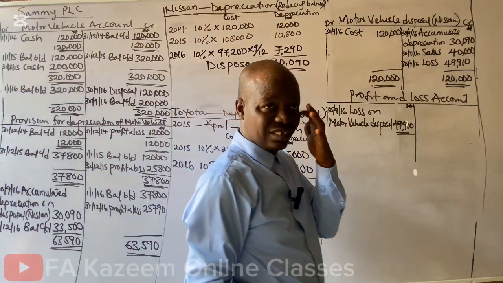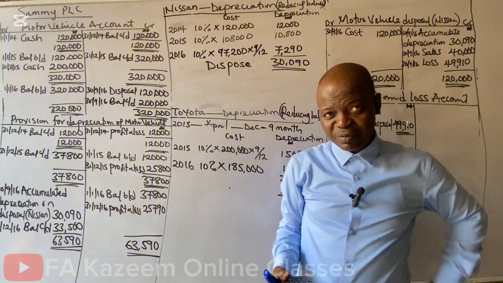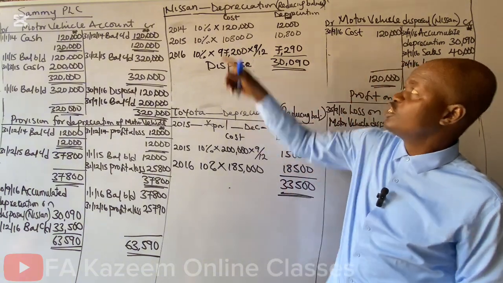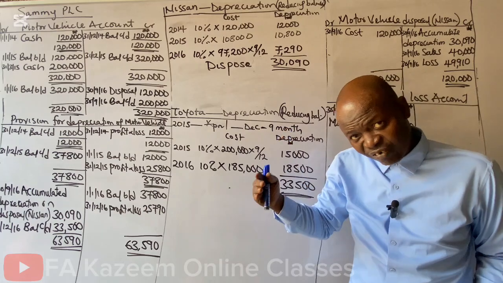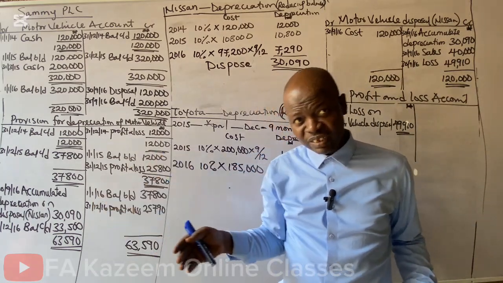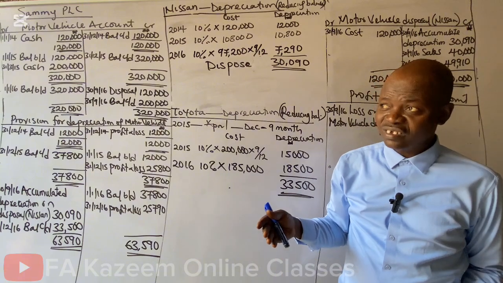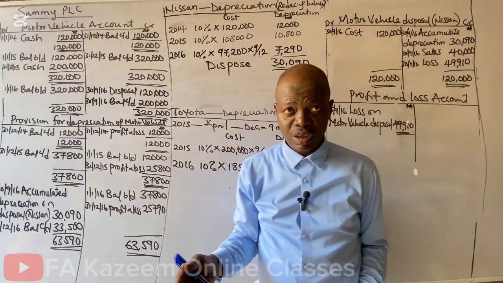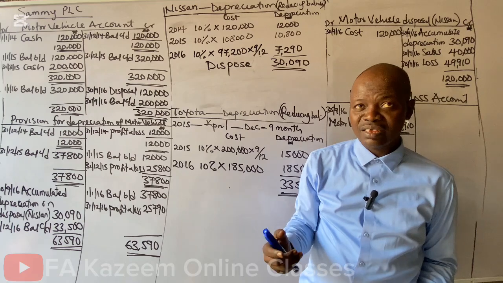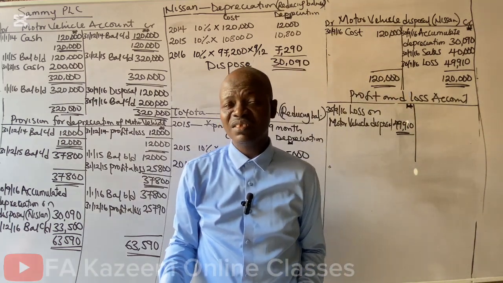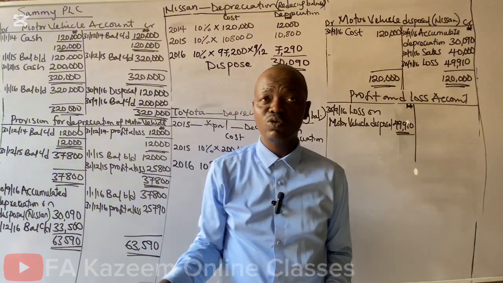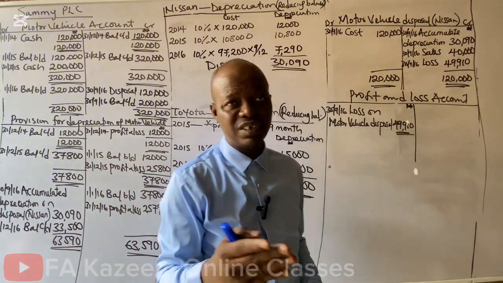We have learned how to calculate depreciation, and we have also learned that the depreciation we are calculating stands for the amount we are setting aside from our profit. Why? Because this asset that we want to dispose has been used to generate profit. And why? It's generating profit so that by the time we sell it and we need to buy a higher version of it, or we need to replace the asset, it won't be difficult.